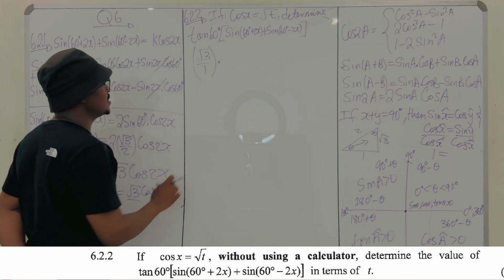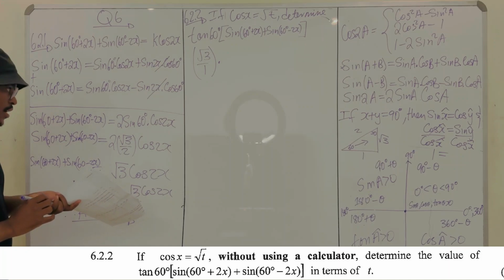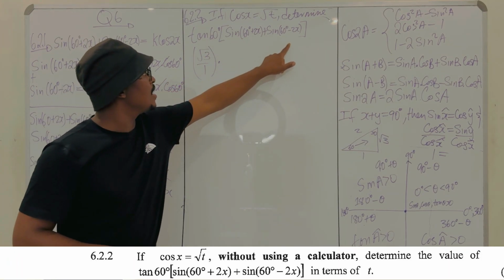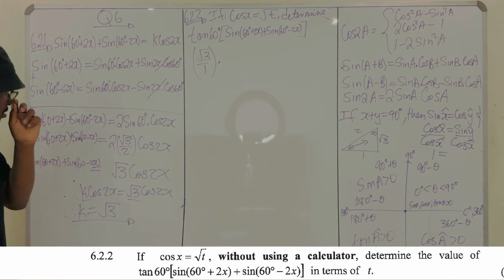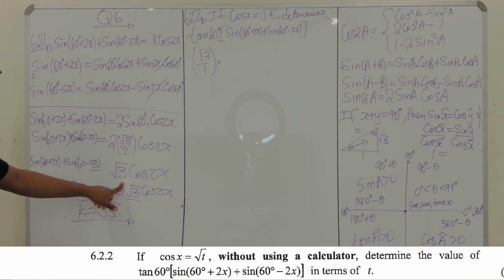We already calculated this over here, so it was this one here. So it came out to be root 3 cos 2x, right?